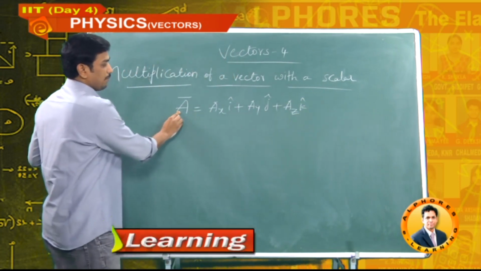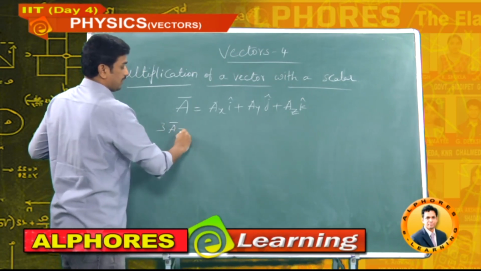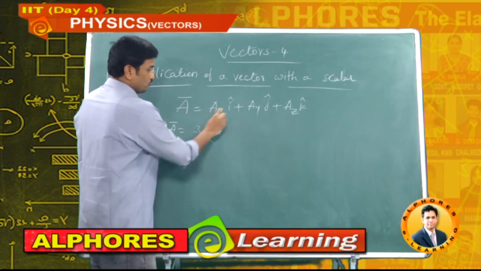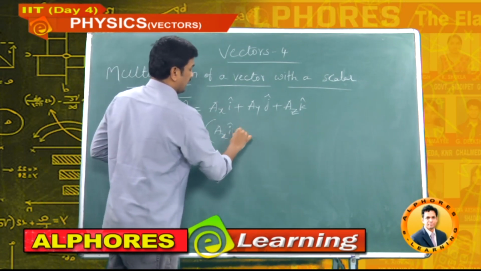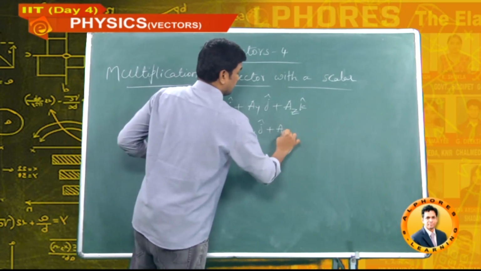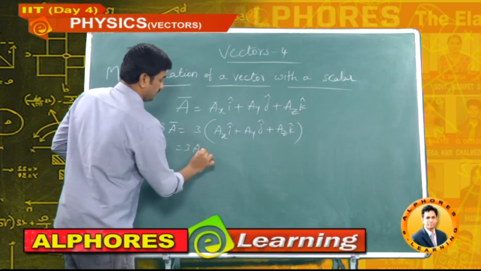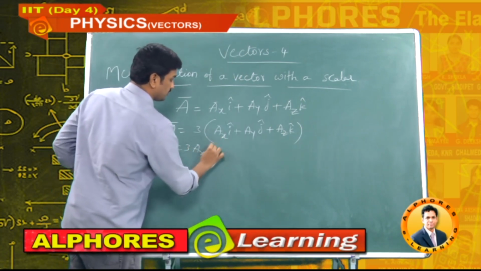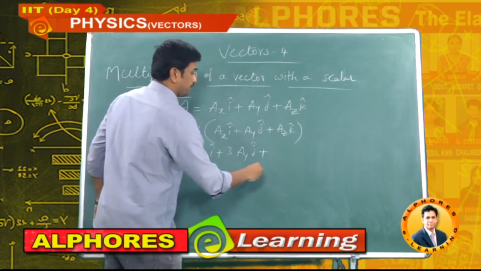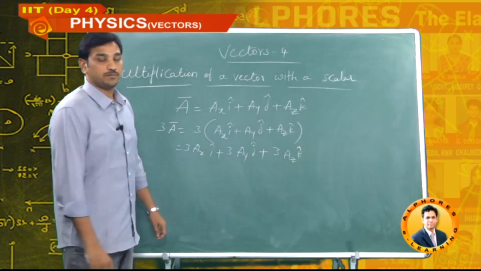If a bar is multiplied with a scalar, let it be 3 a bar, 3 into a bar value: ax i cap plus ay j cap plus az k cap. Now 3 into ax i cap plus 3 into ay j cap plus 3 into az k cap.